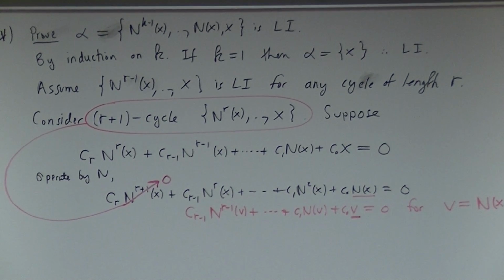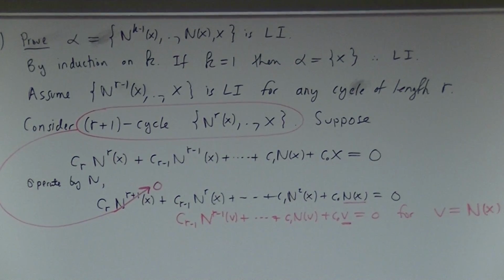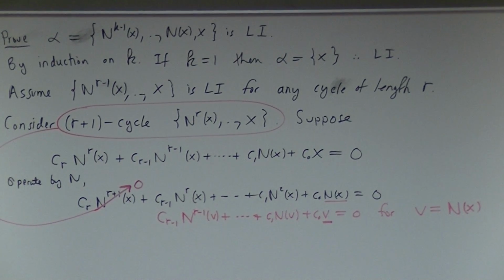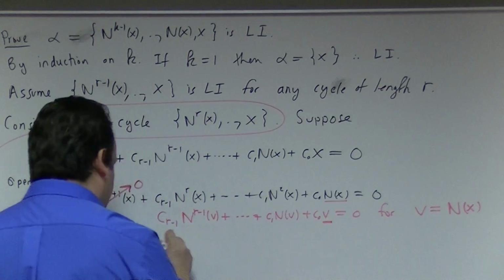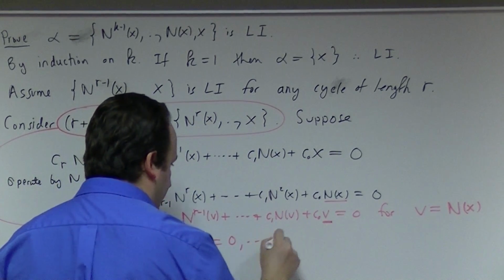If x is the initial vector for an r plus 1 cycle, then n of x is the initial vector for an r cycle. But by induction, we know that that's linearly independent. So this implies that c_(r-1) equals 0, and so forth all the way down the line.